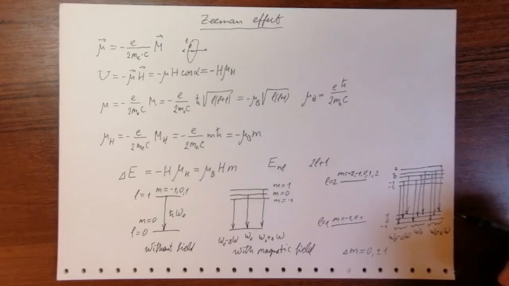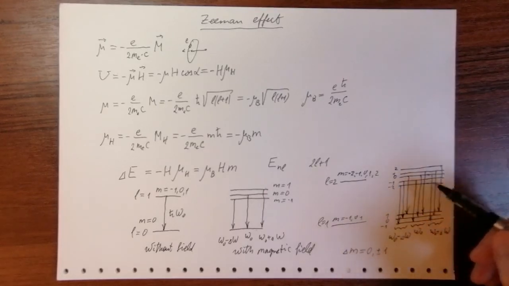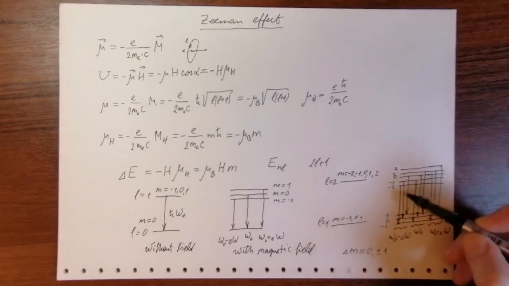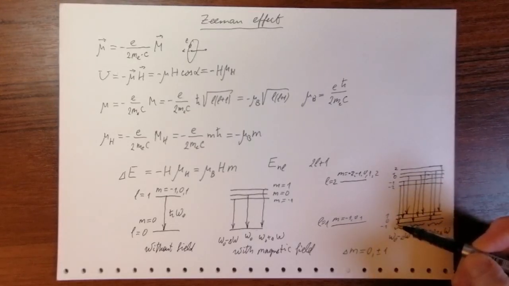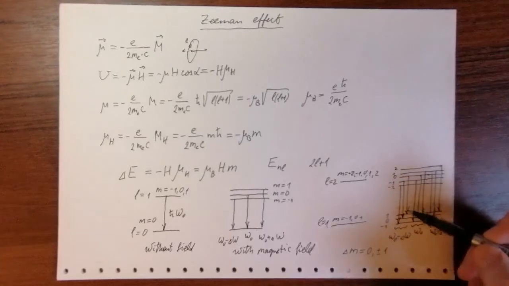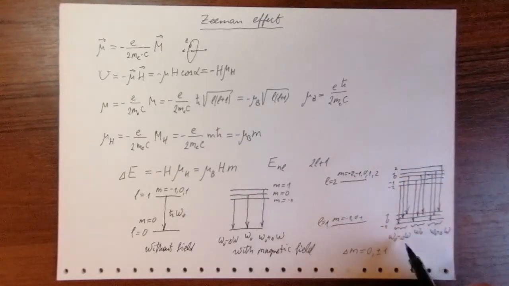If transitions are from this level -2 to -1, the difference of M is by 1 lower. The same is when the transition is from -1 to 0 or from 0 to +1. So the observable frequencies will be omega 0 minus delta omega.